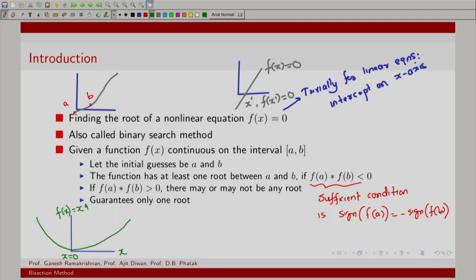Finally, it guarantees finding only one root. So, it is possible that a function such as this, let us consider this function.